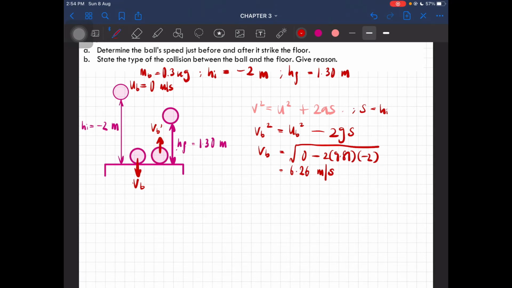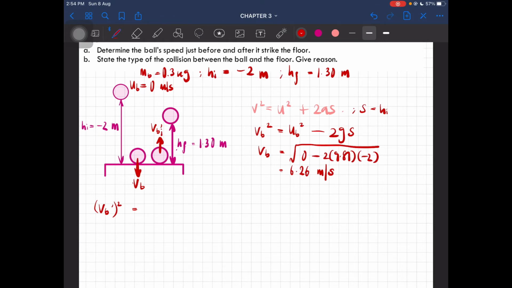Again we use v squared equals u squared minus 2gs. Let me redo this.